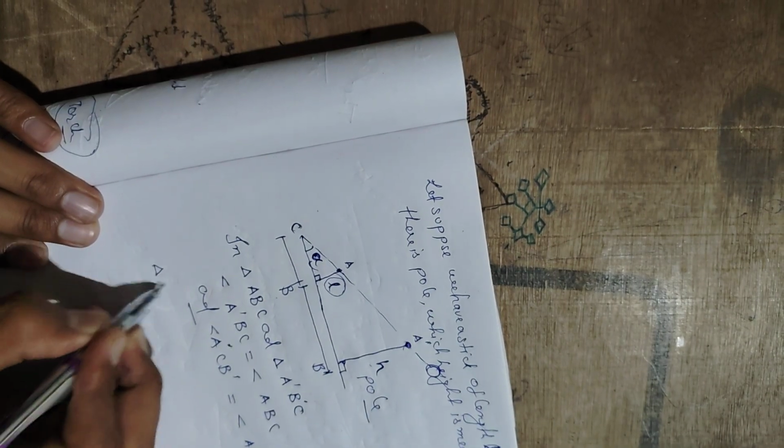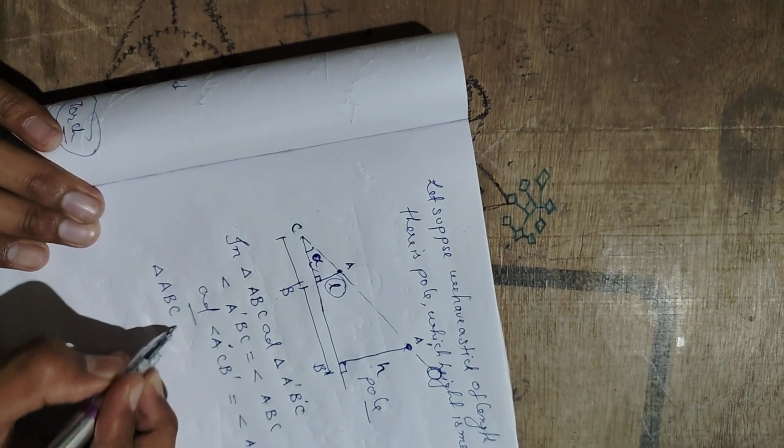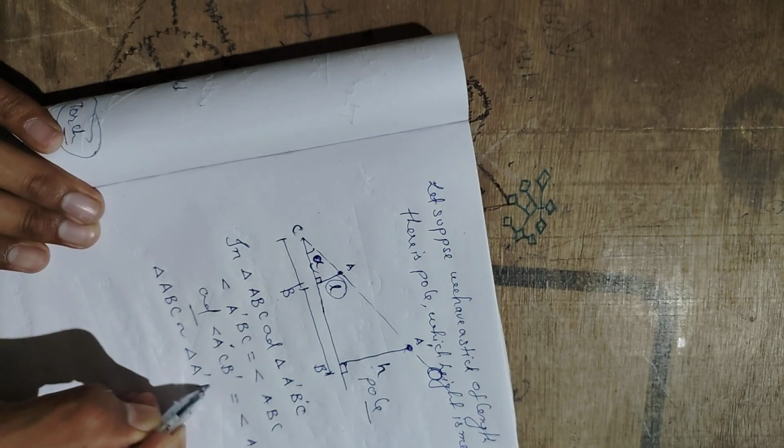So we can say that triangle ABC is similar to triangle A dash B dash C.